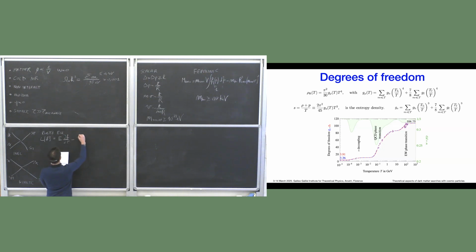Then you have the scale factor of the universe that is expanding, so this is basically the Hubble constant. Now we want to follow the evolution not of the phase space density, but we want to study the density n. And so we can apply this integral also to the Liouville operator.